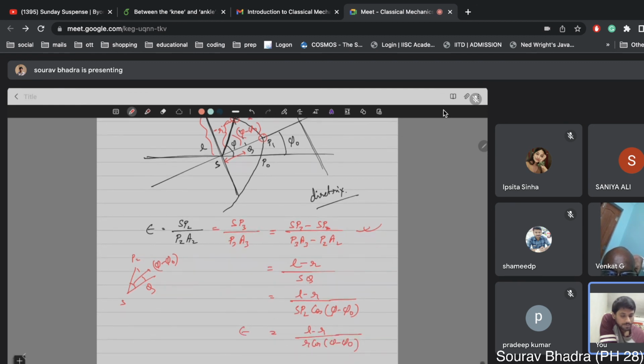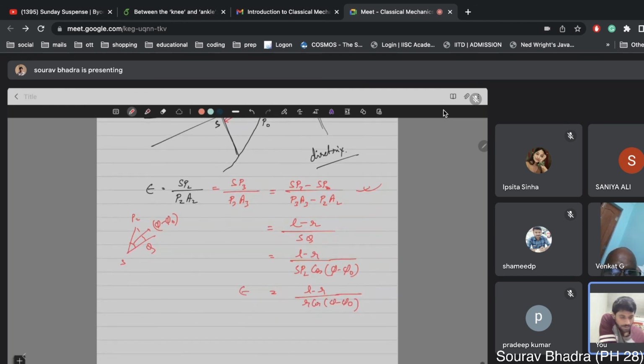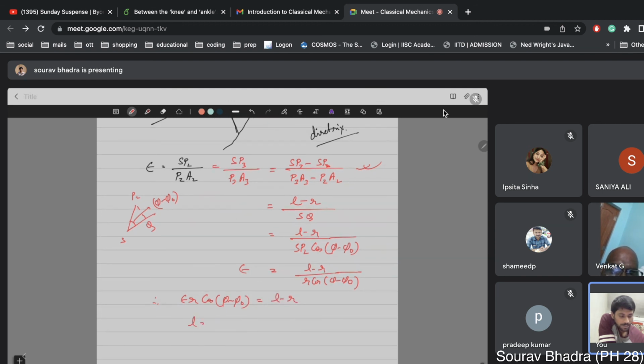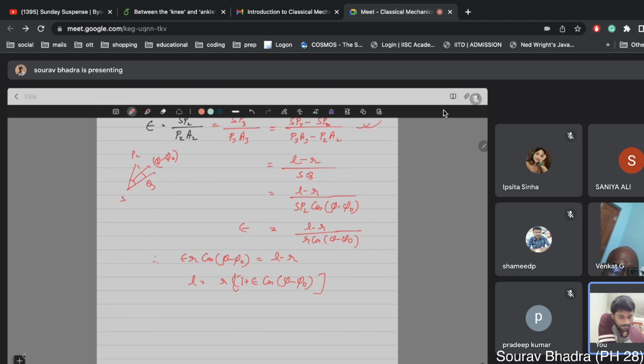Okay, so epsilon. Now if you do everything, epsilon R cos(phi minus phi 0) equals L minus R. So L equals R times (1 plus epsilon cos(phi minus phi 0)), and L by R equals 1 plus epsilon cos(phi minus phi 0).